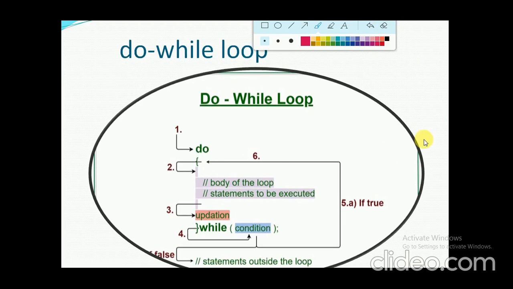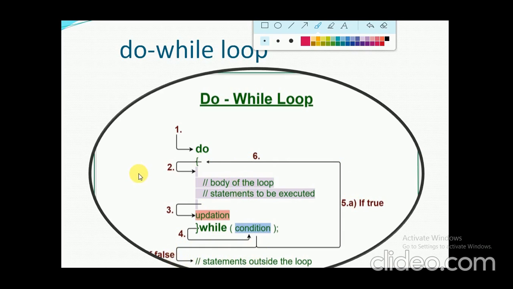Now here check out do while. What is the difference between while and do while? Here first do, execute the body part, then update, then test the condition. If this condition is true, control goes back to the do block. Otherwise control comes out of this.